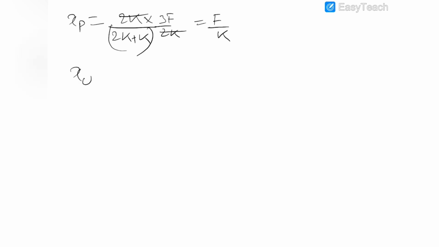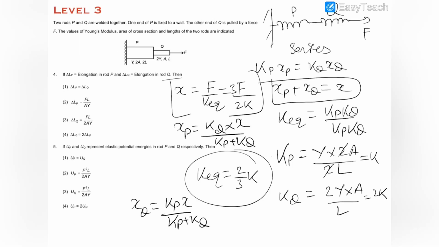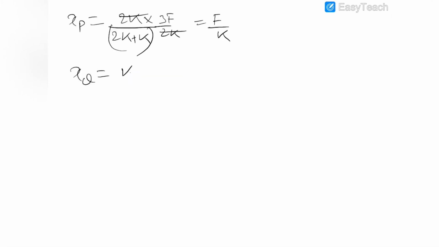Now Xq is equal to Kp into X. Now Kp is equal to K, so it is K into X, where X is 3F by 2K divided by 3K. So cancelling this 3 with 3 and K with K, this is F by 2K.